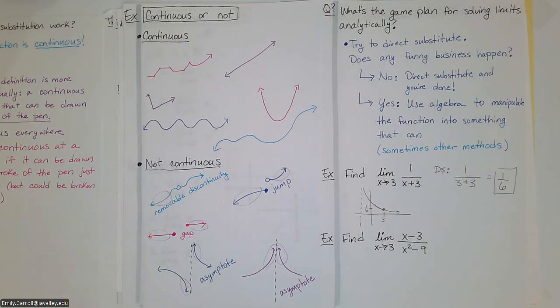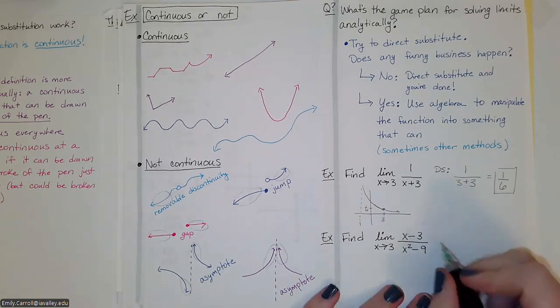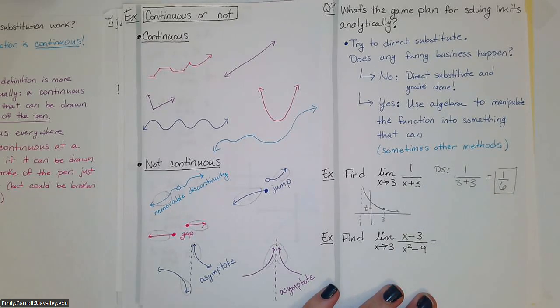All right, so let's blow this up a little bit. Let's find the limit as x goes to 3 of x minus 3 over x squared minus 9. Now I'm going to rewrite this function by factoring the bottom.